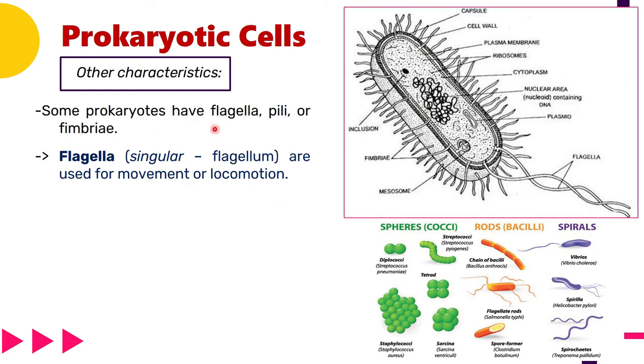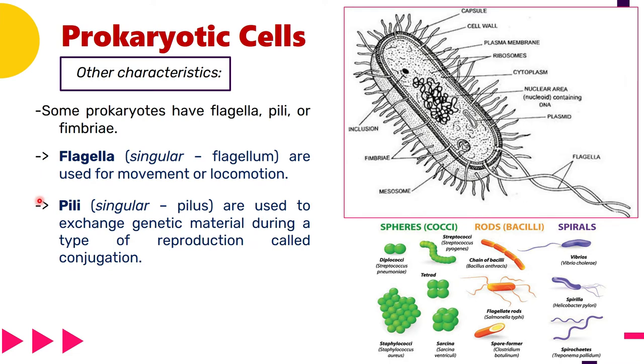Then another cell structure found in some prokaryotes, only some, not all, is the pili. That is the plural form. Singular form is pilus. So what is pili or pilus? This structure is used to exchange genetic material during a type of reproduction called conjugation.